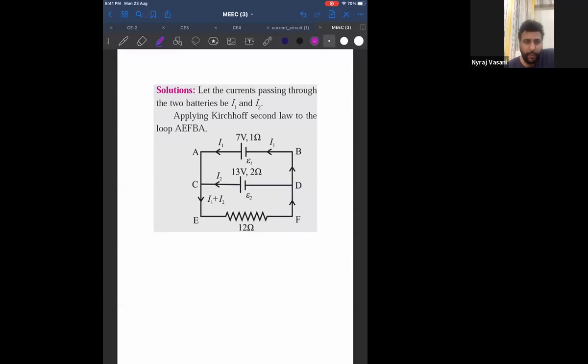If our direction is the same as the direction of current, meaning the direction in which we are going is the same as the direction of current, then the sign is negative.